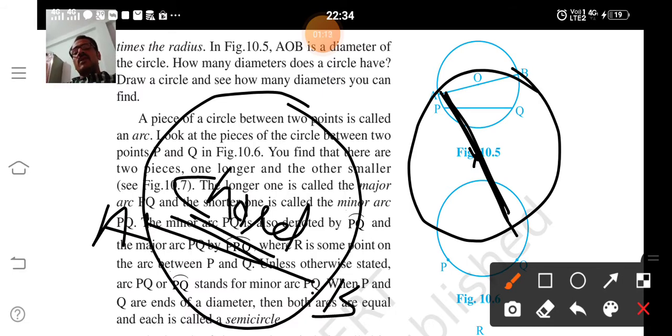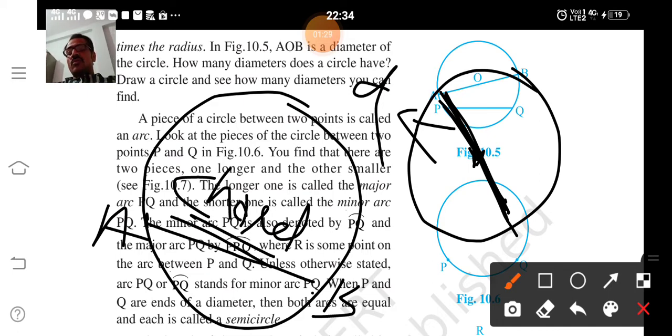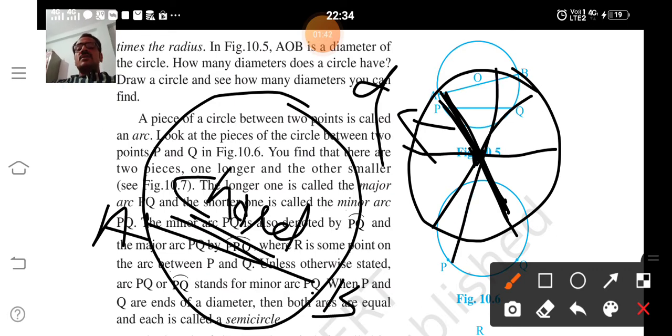The line segment joining any 2 points of the circle is called a chord, and the chord passing through the center is called a diameter. Diameter is the longest chord of the circle. Next, we have studied that we can draw many diameters in the circle and all diameters are the same.